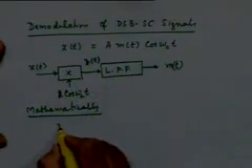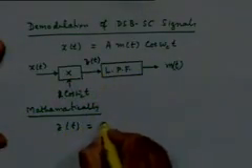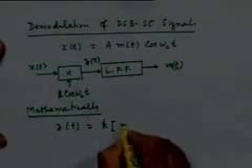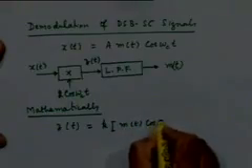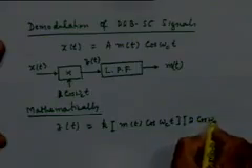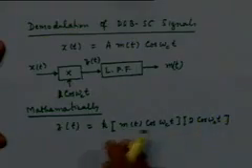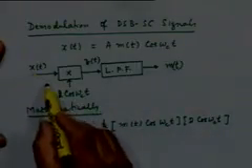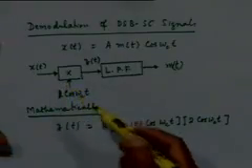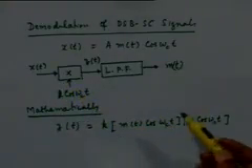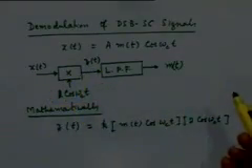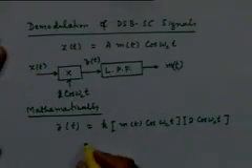So z of t is some constant k, which will be associated with this multiplication process, times m of t cosine omega_c t into 2 cosine omega_c t. This is what you are doing mathematically. In multiplying the received signal with 2 cosine omega_c t, I have just introduced a constant k which may be associated with the multiplier. It may be producing an output proportional to the product rather than equal to the product. That's acceptable to us.